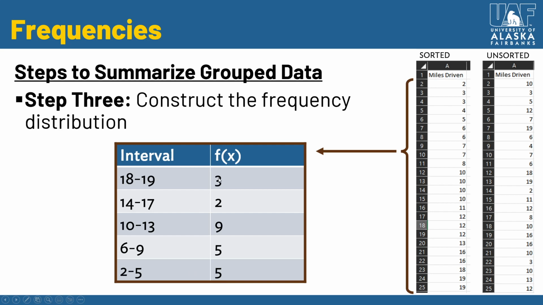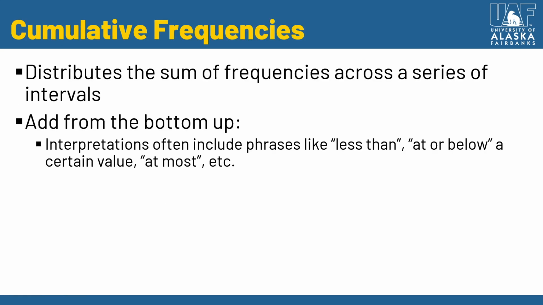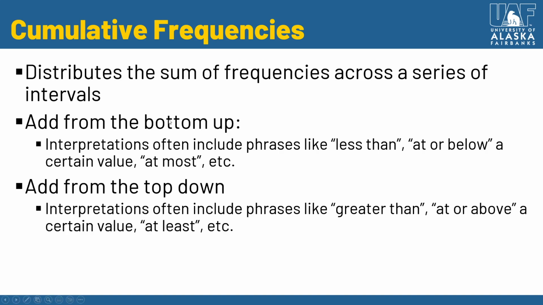Or we can add from the top down and say 3 people drove at least 18 miles, 5 people drove at least 14, so on and so forth. Right, so different ways of approaching the same problem. And again, it's kind of arbitrary. It's up to you. If we add from the bottom up, the interpretations in this example, because again, they could change depending on your context, use phrases like less than, at or below, so on and so forth.